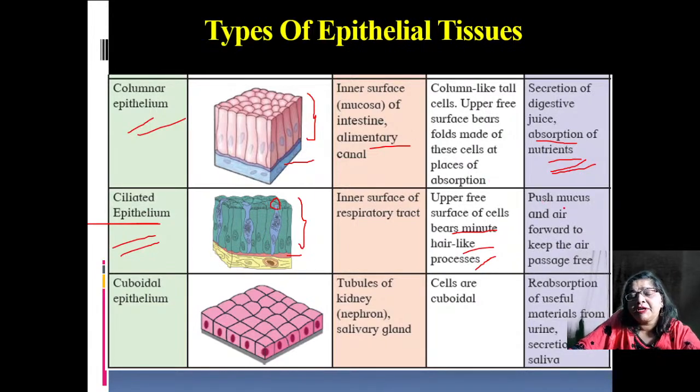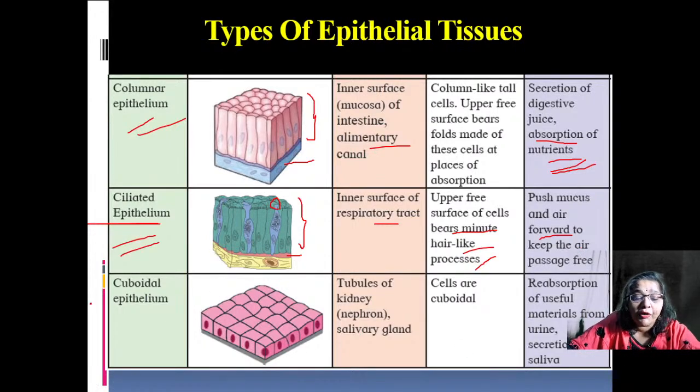The main function of this ciliated epithelium is to push the mucus and the air forward to keep the air passage free of dust particles. Because they are mainly found in the respiratory tract, it helps in filtering or pushing away the dust particles of the air to keep the air passage free. That is the main function.